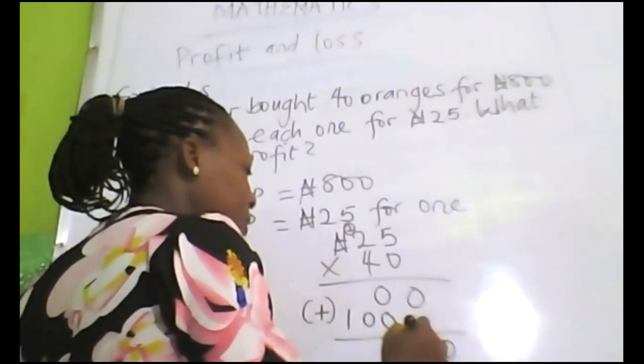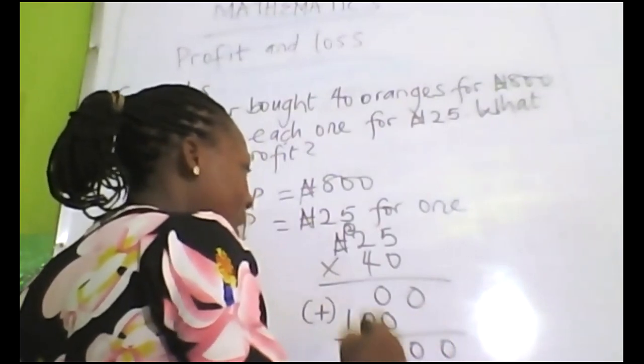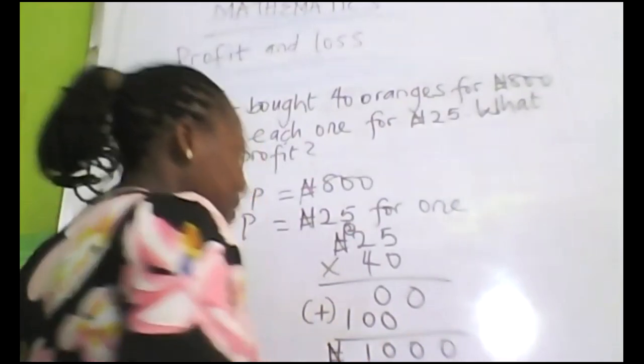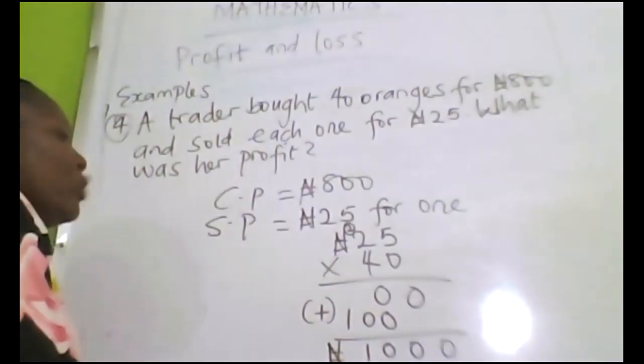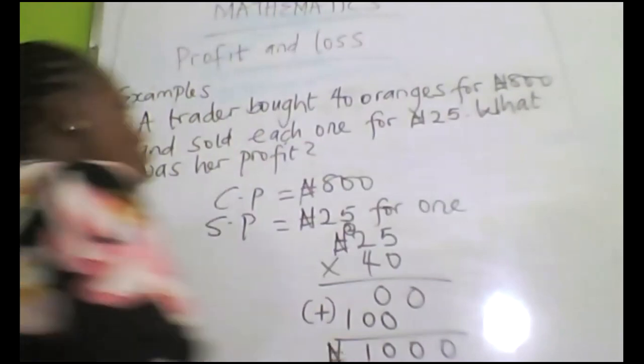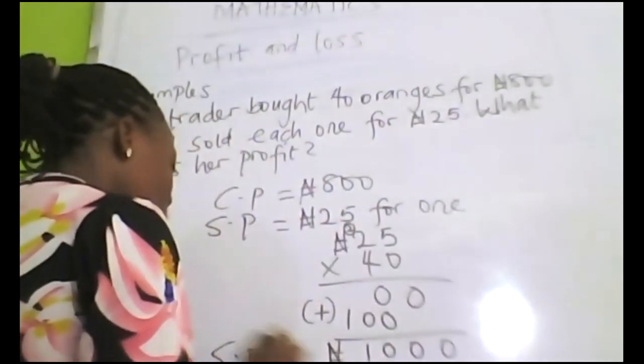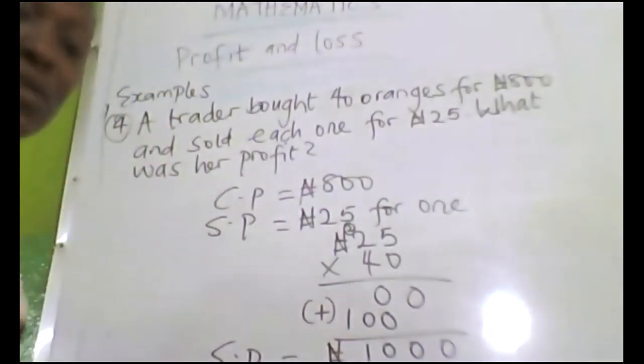That is 1,000. The naira sign must come along with it. So that means she sold it for 1,000 naira.